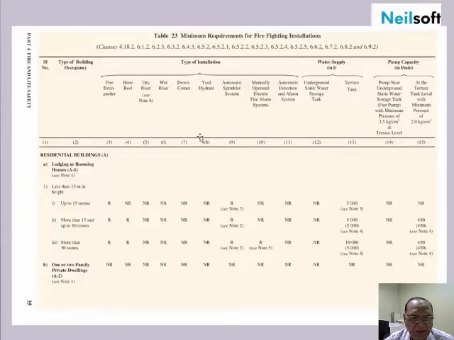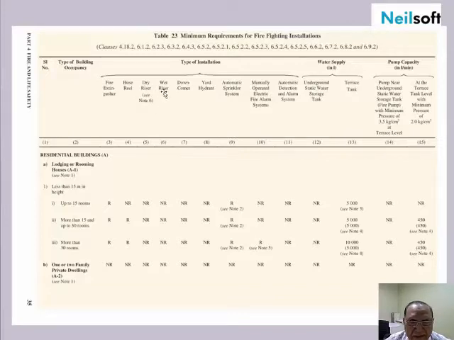The major components are explained over here as we have discussed in our previous slides, and the requirement. Those are the fire extinguishers, hose reels, dry risers. These things are explained further by the sub notes, and these notes are explained in the last part of Table 23 with the remarks and details against these notes.